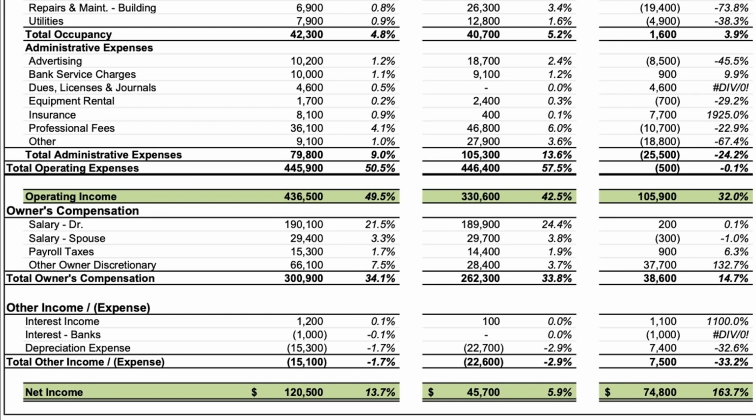And in this particular example, if we wanted to go down that path, we would have to ask the question whether or not $190,000 is a reasonable compensation for a doctor who is not an owner but working in the practice.